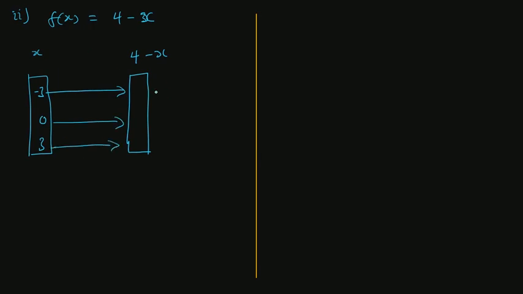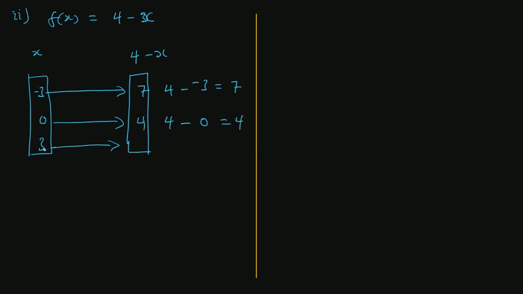When our x is -3, which value do we get here? It is 4 minus x with x equal to -3, giving us 7. When x is 0, 4 minus 0 gives us 4.